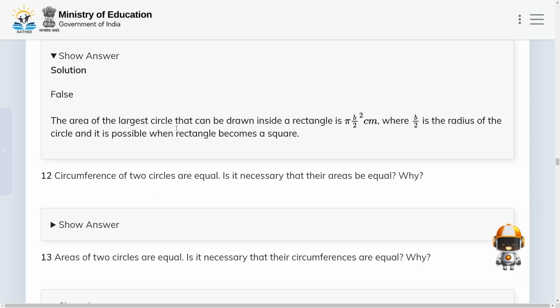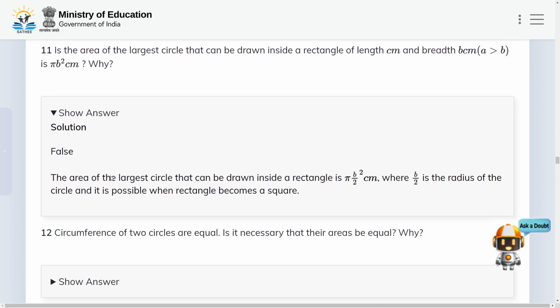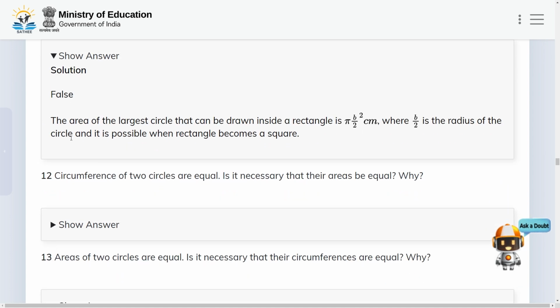The area of the largest circle that can be drawn inside a rectangle is pi times b square by 4, where b by 2 is the radius of the circle, and the area pi b square by 2 is possible only when the rectangle becomes a square. So this given statement is false.